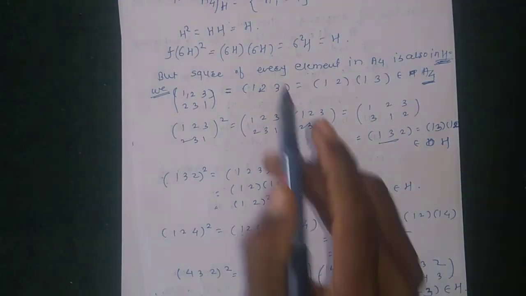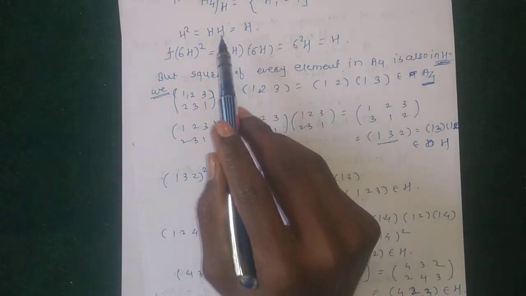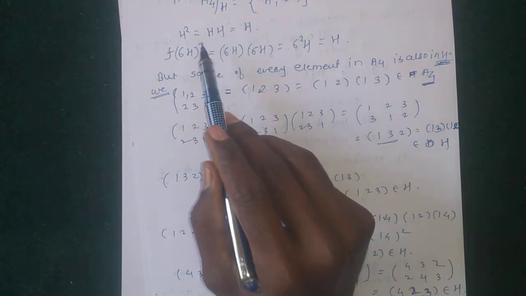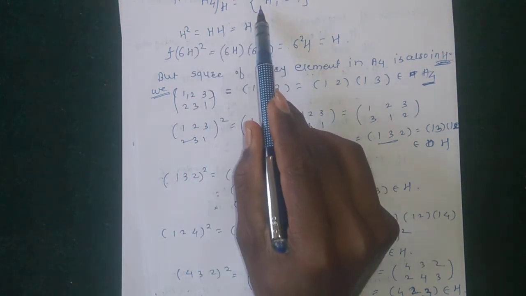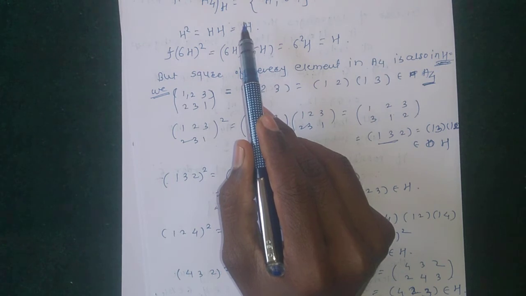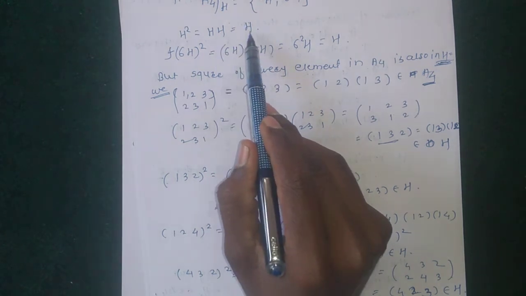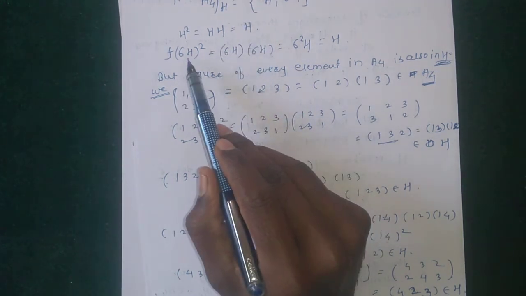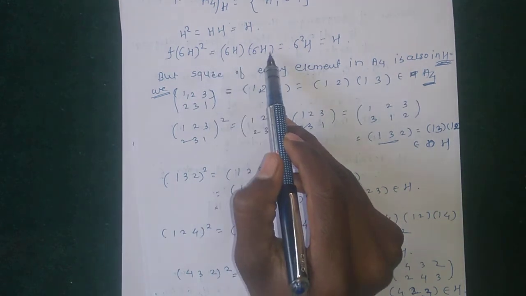Therefore H squared is H, and sigma H squared is equal to sigma H into sigma H.